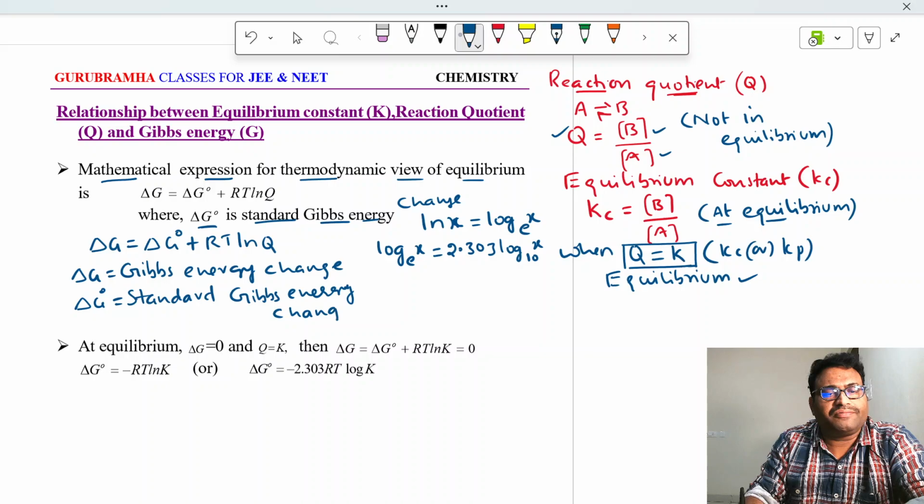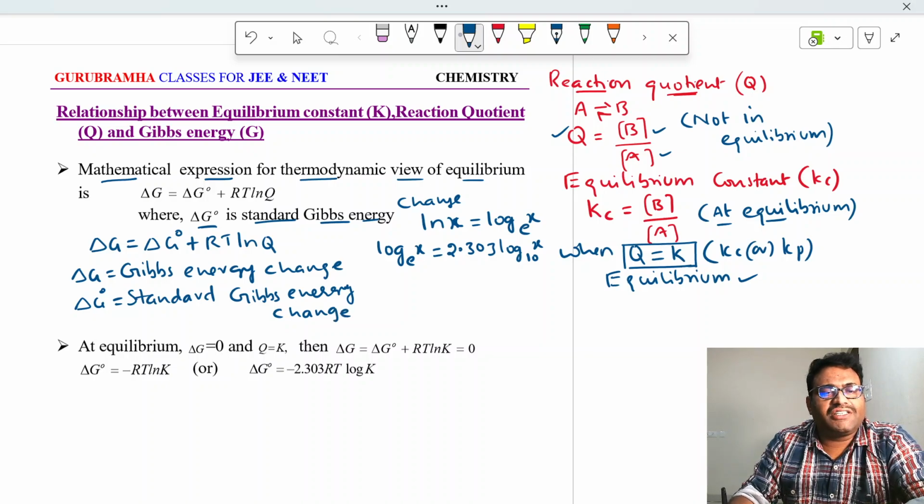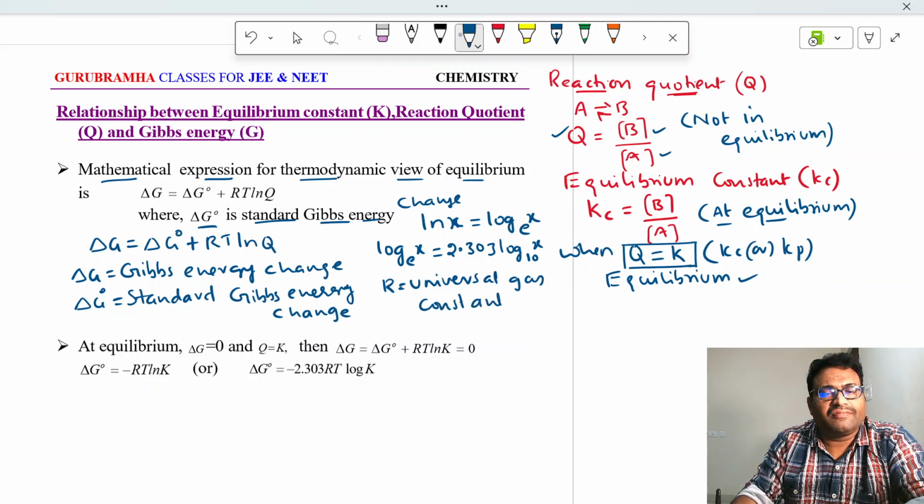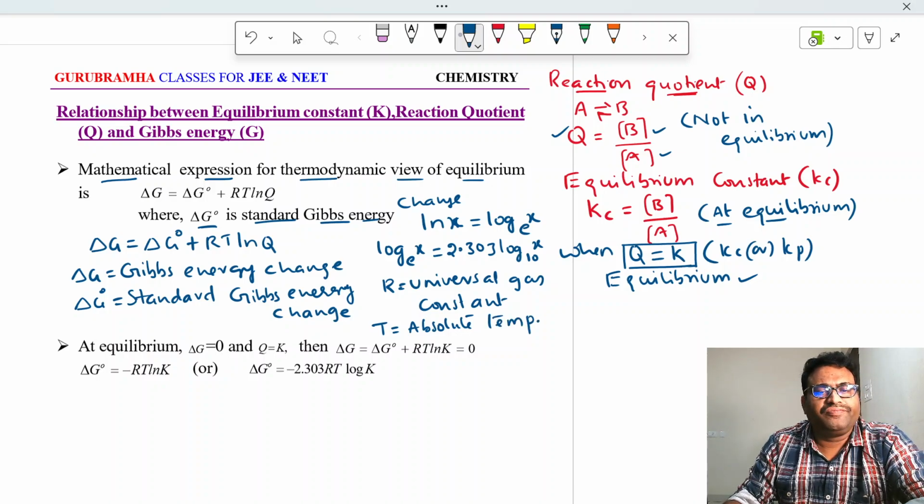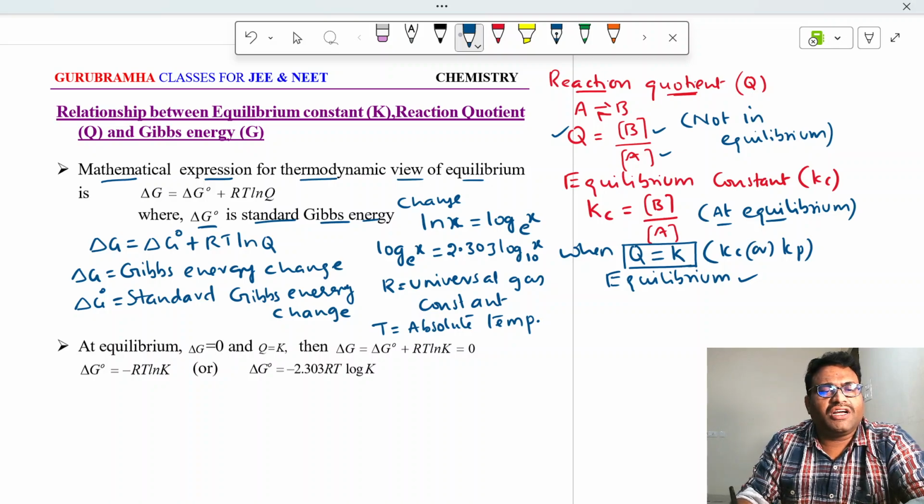Whereas R, you know, is the universal gas constant. And T is the absolute temperature. So these are the terms in this equation.